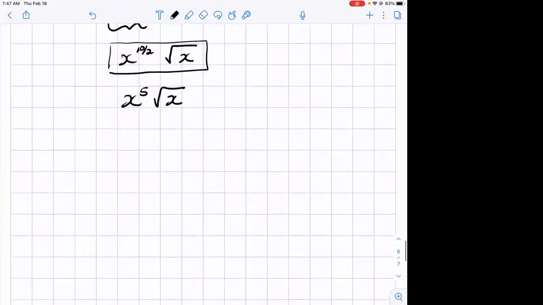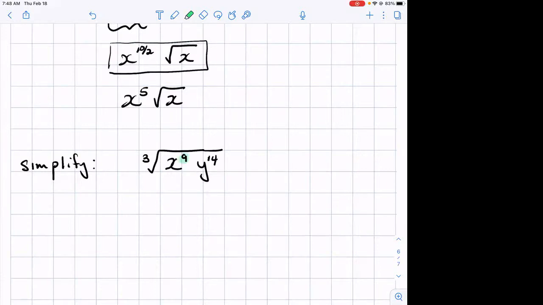Okay, let's look at another example. Simplify the cube root of x to the 9th, y to the 14th. So as you can see here, we have more than one radicand power.